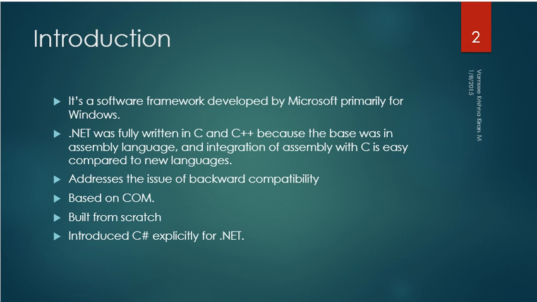And the base libraries, all the class libraries of .NET, are written in C and C++, so as to accommodate the closeness between the assembly level languages as well as C. We all know assembly language is the machine language that your compiler will understand.